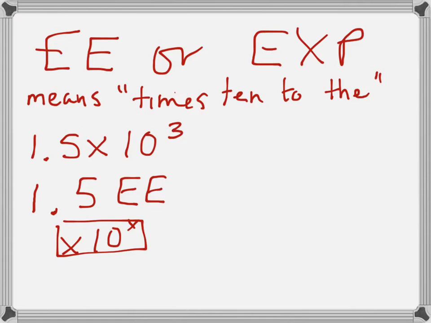So 1.5, as you press EE, say to yourself, times 10 to the 3. You don't do 1.5 times 10 and then press the EE button. The EE button does that all for you. Okay? So if you do that and press equals, your calculator should show you this.